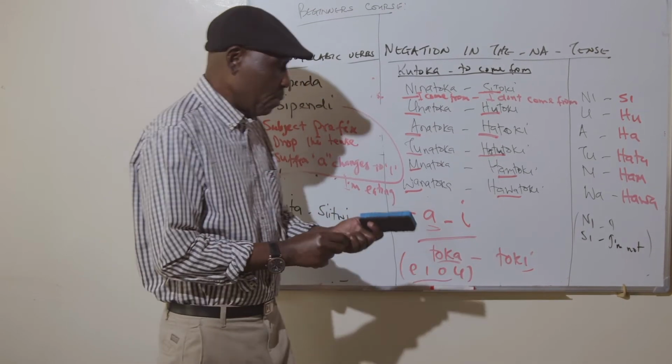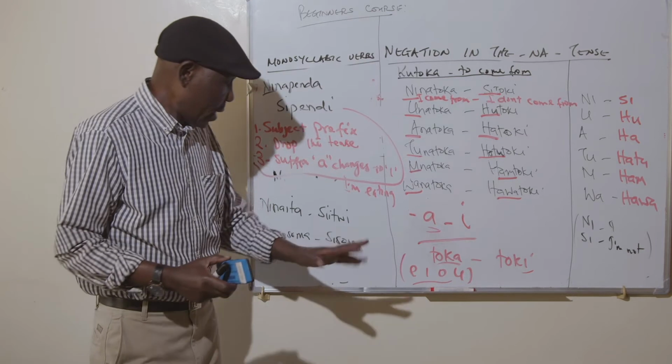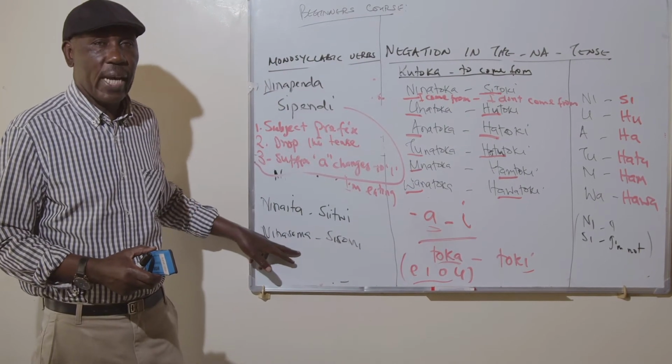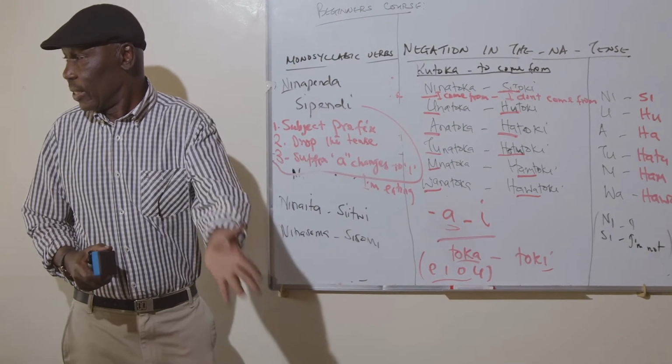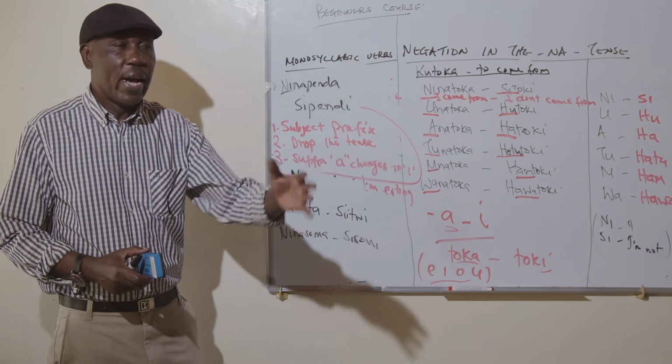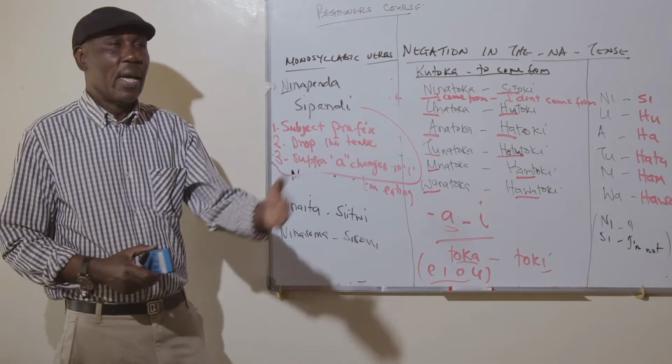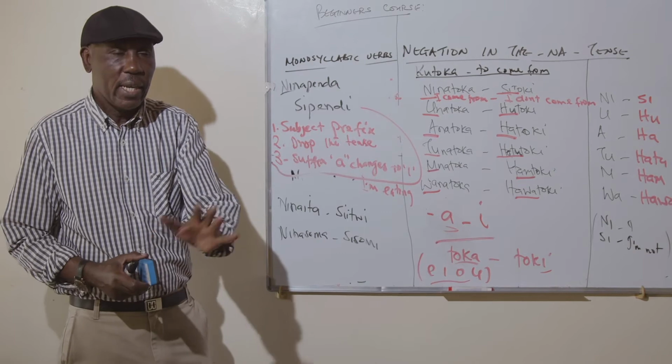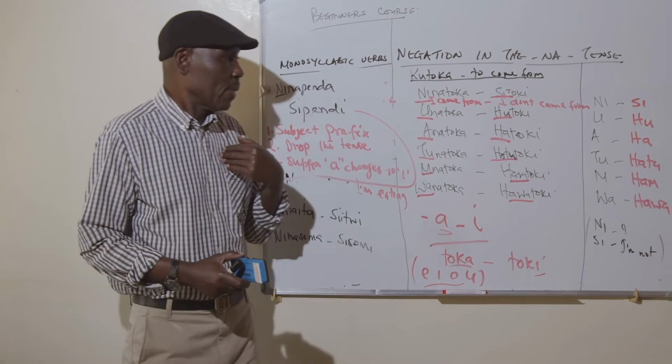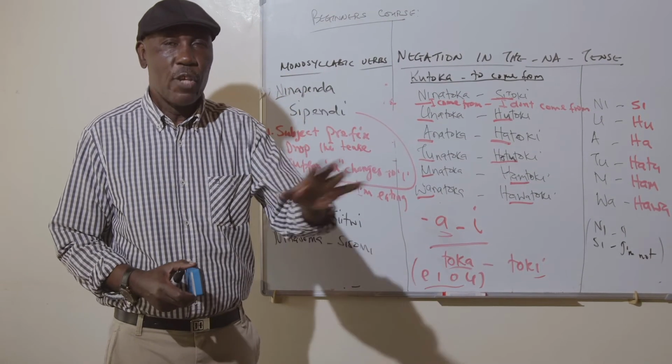The verb kusoma was to read or to study. You say ninasoma, sisomi, or ninapenda, sipendi, ninatoka, sitoki, ninajifunza, sijifunzi.